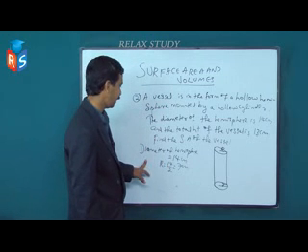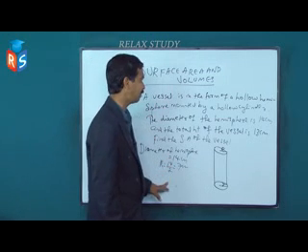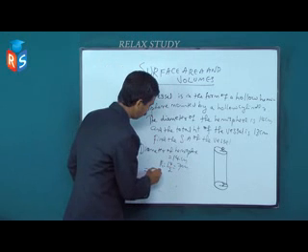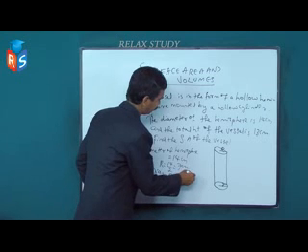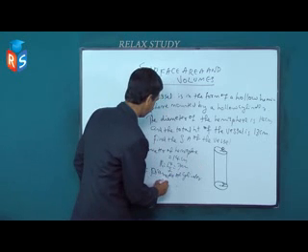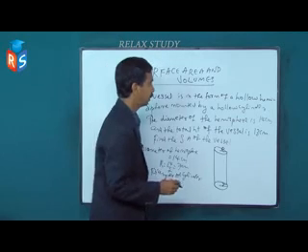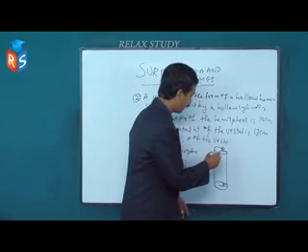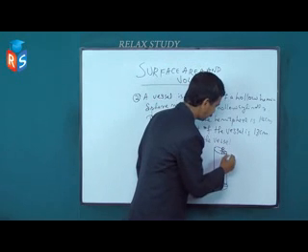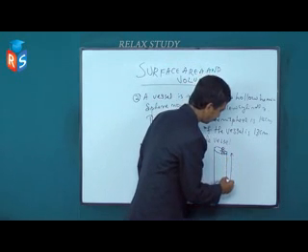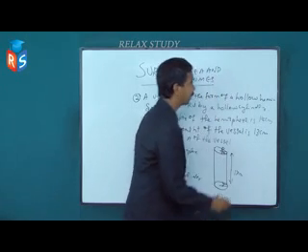Here the diameter of the hemisphere is 14 centimeter, so the radius is 7. Therefore the diameter of the cylinder is also 14 centimeter. So this capital R can be taken as 7 centimeter. Then the height is up to this 13 centimeter.